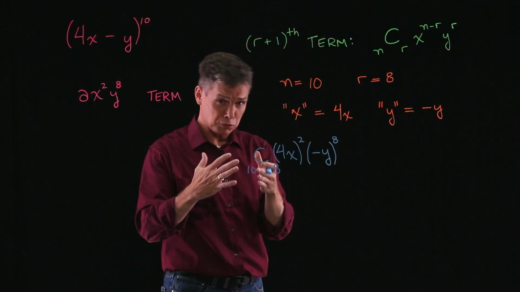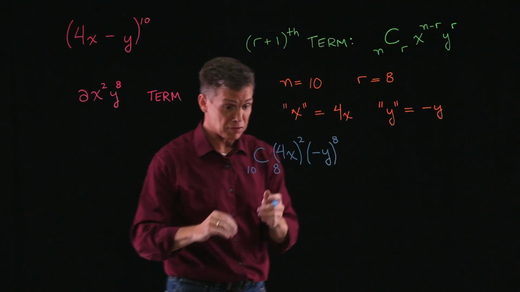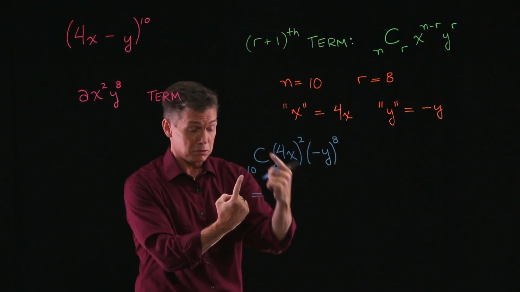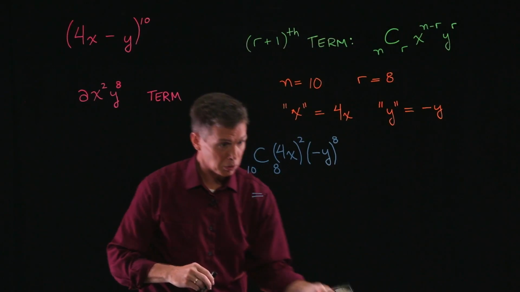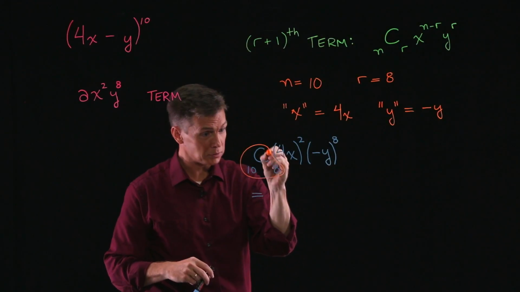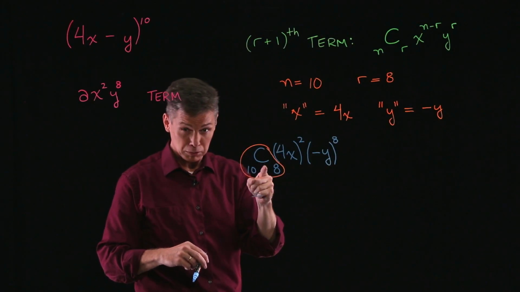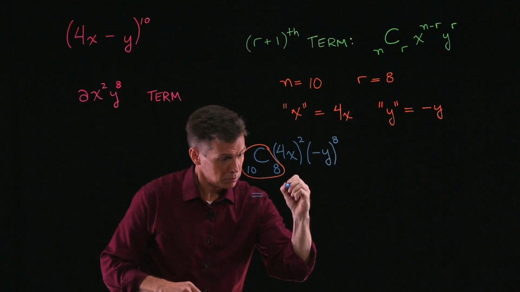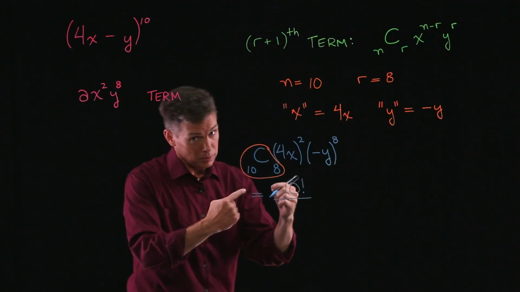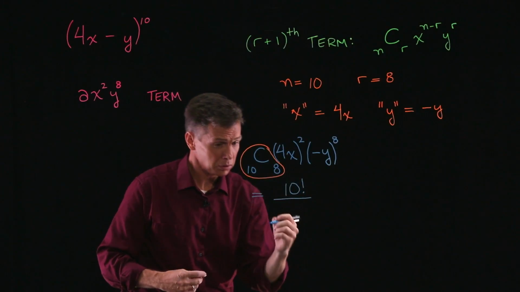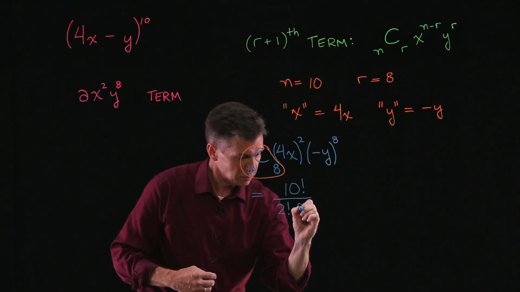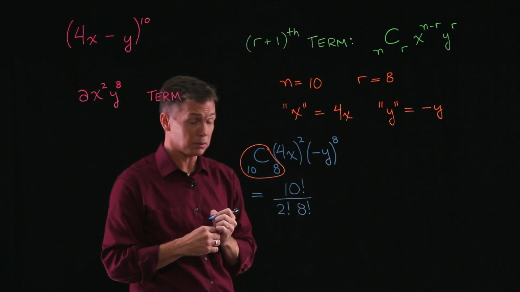Now you're set up with the formula, you're set up to simplify. So we evaluate here a little bit. This equals, okay. Our first chunk here is that binomial coefficient, especially because I got crowded there. I want to kind of point that out to you like this. We need to find that binomial coefficient with the 10 first. So that's my 10 factorial in the numerator. Downstairs is n minus r, so 10 minus 8 is 2 factorial, and then 8 factorial, the r factorial, okay?